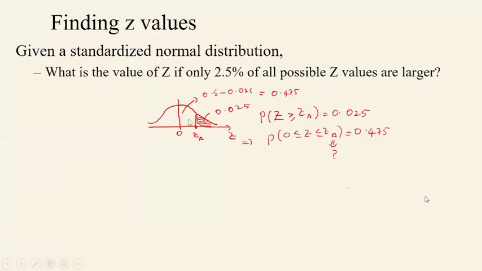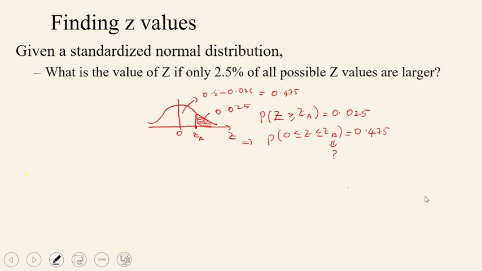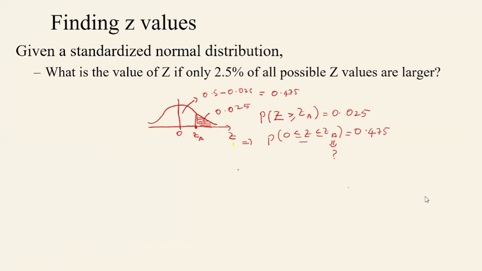So from the table, ZA is equal to 1.96. So for 1.96, only 2.5% of all the possible values are larger when Z is equal to 1.96, right?